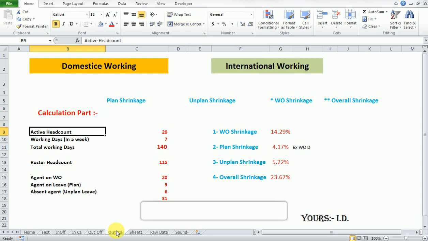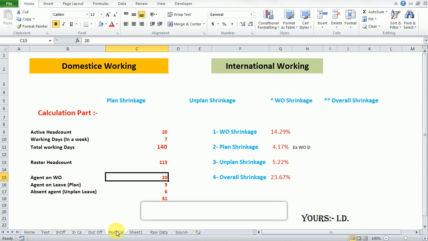Active headcount. We have an active headcount of 20 people in our office, and we have 7 days in a week. So total working days would be 140, 20 into 7. Now agents on week off.